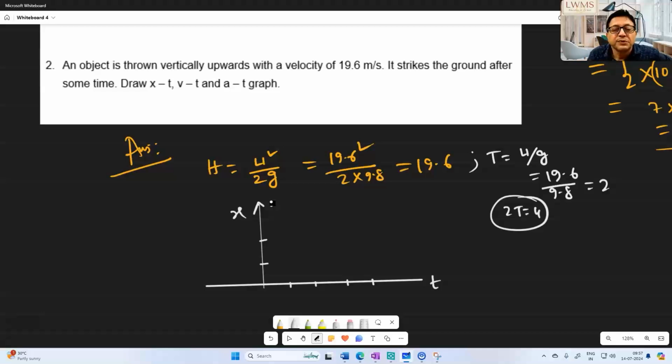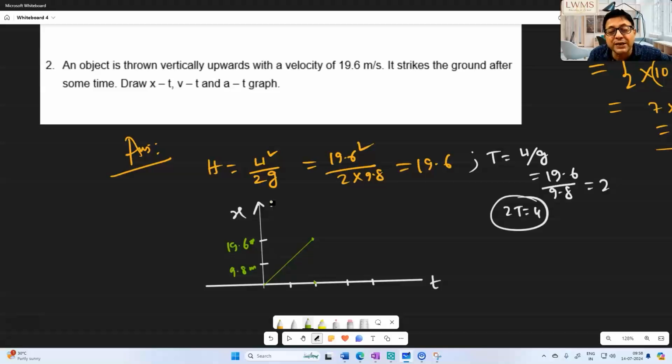Now, when you are going to plot the graph, this x or h 19.6, you split as it is coming in multiples of 19.6, you take it as 9.8, this one 9.8. I mean, total is 19.6. We have taken this point as say 9.8 meter, 19.6 meter on the graph paper. Then up to this time, it will be like this.